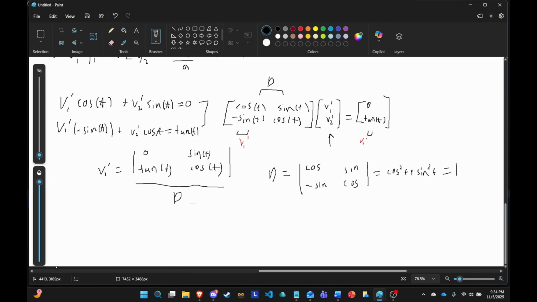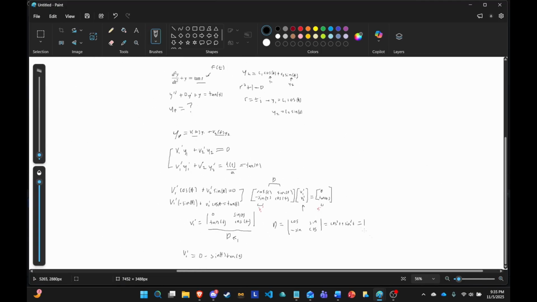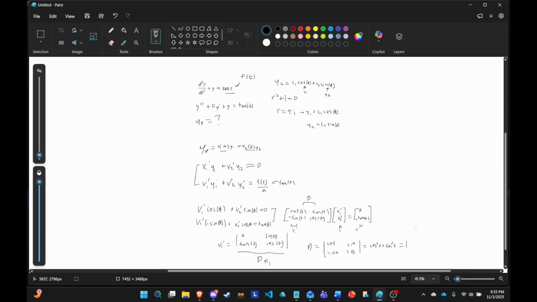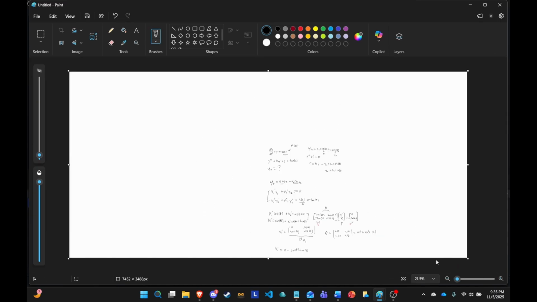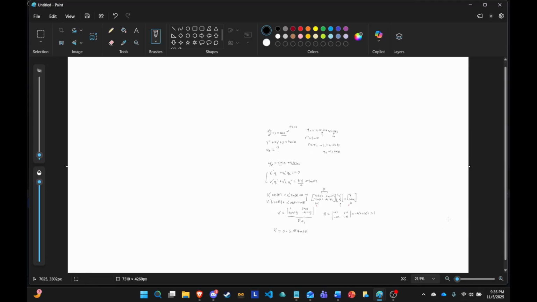So d every time is going to be 1. So then we know that v1 prime is as easy as saying 0 minus sine of t times tangent of t. Perfect. And then v2 follows a really similar process. I'm just going to zoom out a little bit and extend this page.